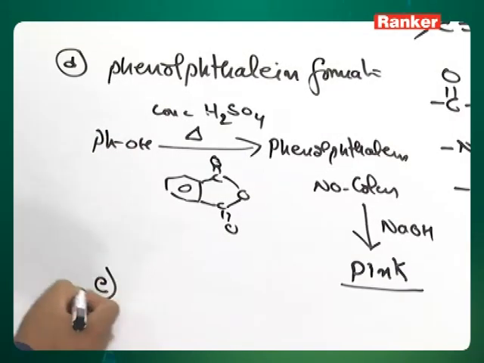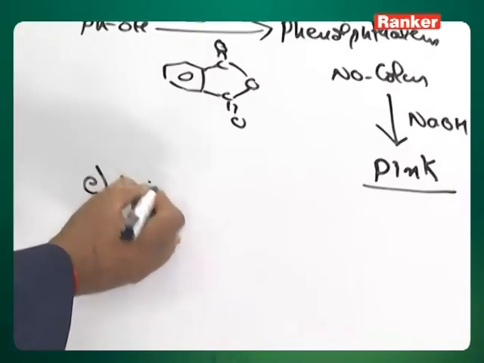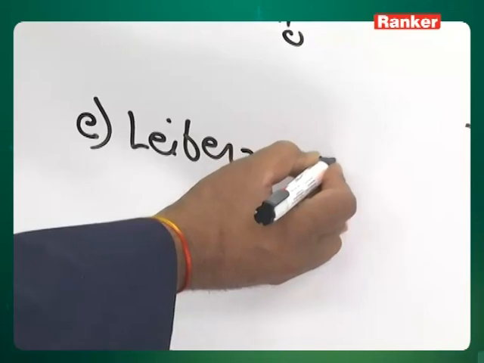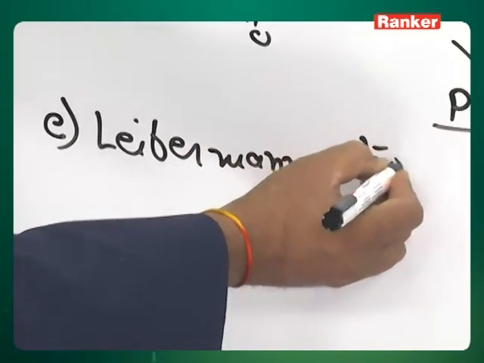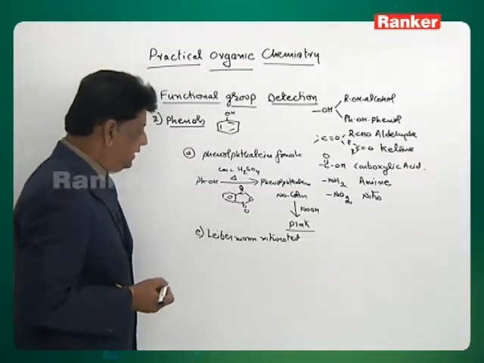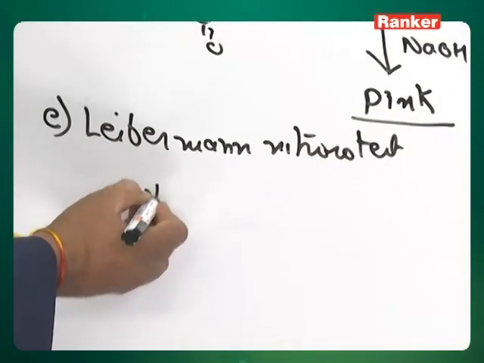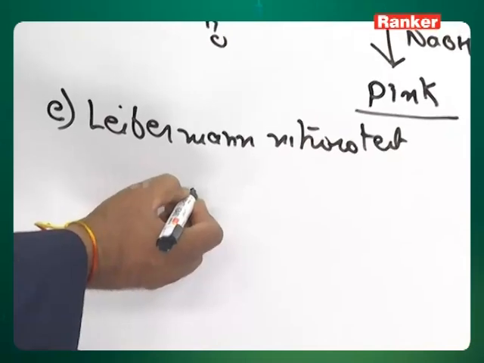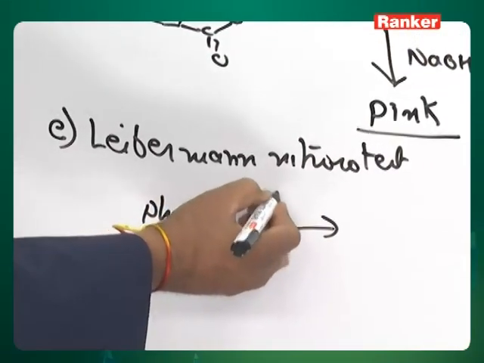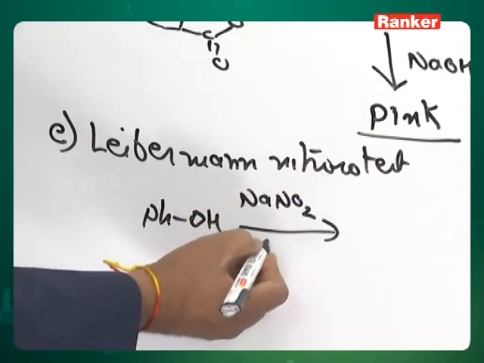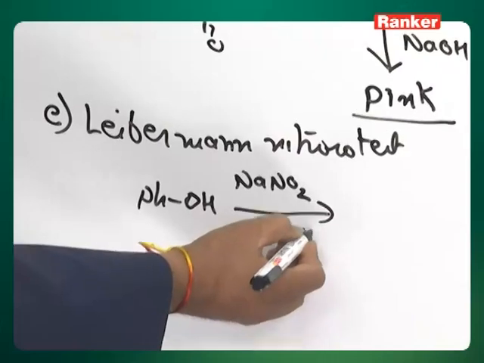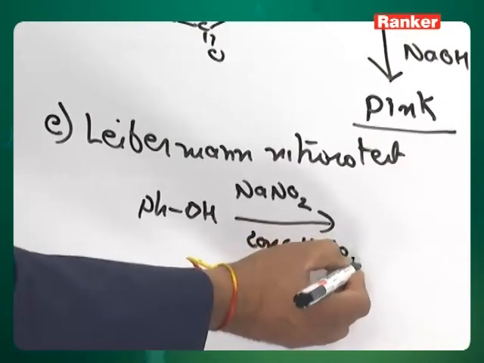Similarly, you have one more test called Liebermann nitroso test. All the 5 tests are excellent tests. Take phenol, add a small quantity of sodium nitrite NaNO2 and a few drops of concentrated sulfuric acid and heat it.